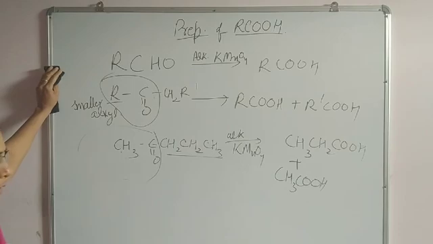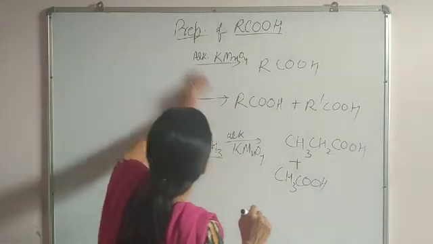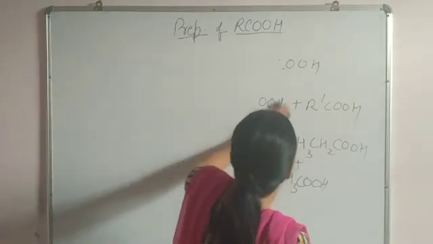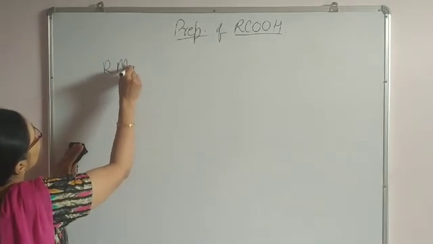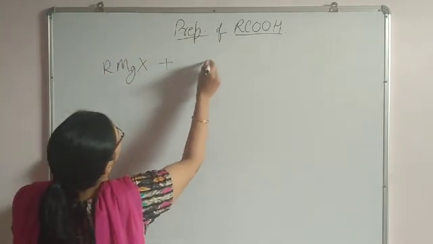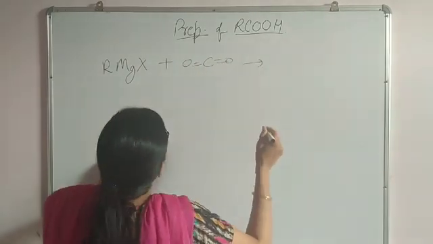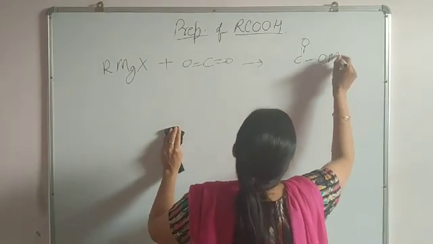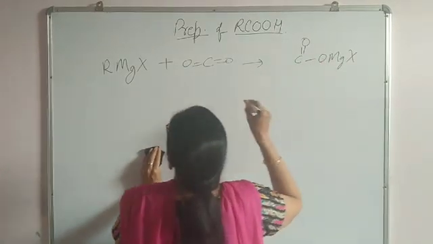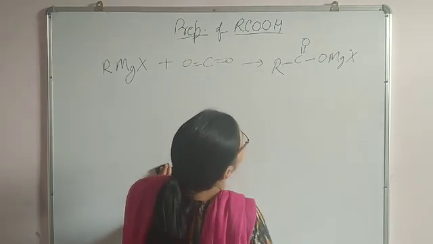Now the next method in the row is by means of RMgX. When RMgX is treated with carbon dioxide, C double bond O will remain as it is, OMgX will be in the compound, and the R group will attach here.